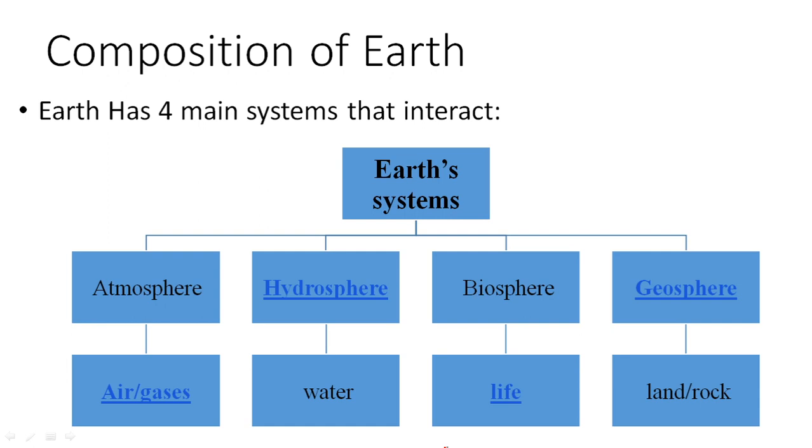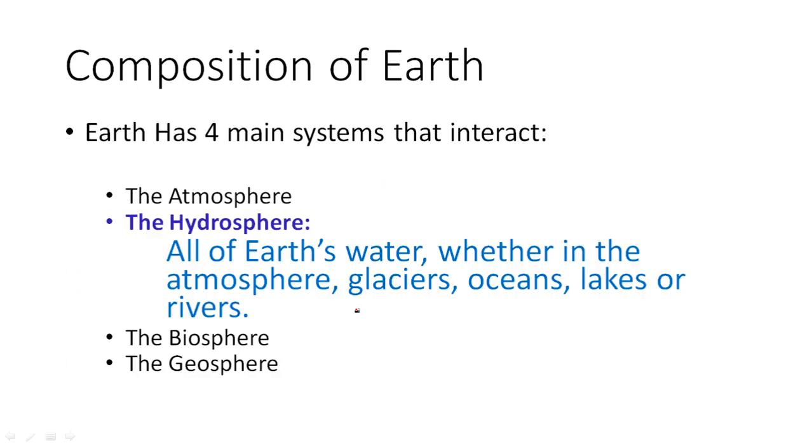We have seen already the geosphere, the atmosphere, and now we will see the hydrosphere. What is the hydrosphere? Hydrosphere is all the water on the Earth. And this water can be in three states. It can be solid, liquid, and gas.